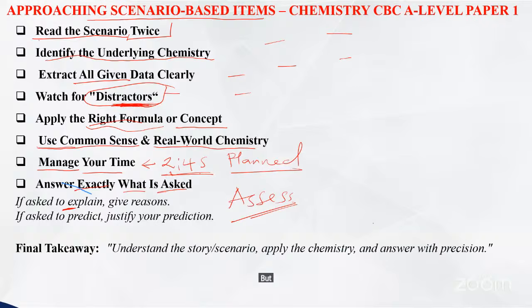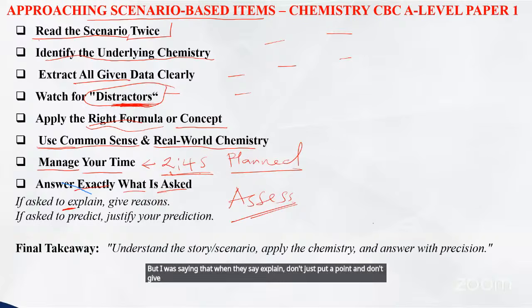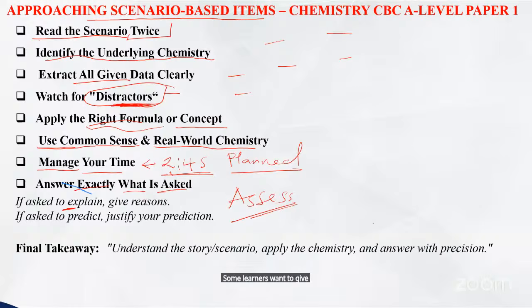But we're saying that when they say explain, don't just put a point and not give a reason. Some learners want to give an application, just identifying the application. If it is an application, go ahead and explain that application. So we have seen the terms we're using, assess, and others like analyze.